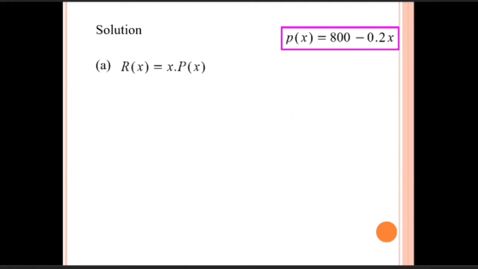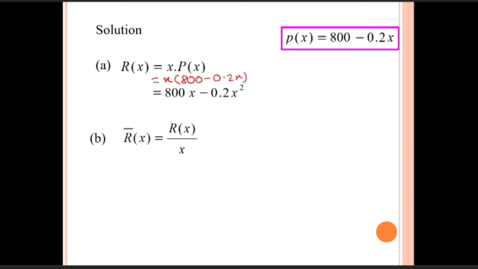Now, first question is finding the revenue function. The formula is x times the price function. So just multiply x with each of the function. So just multiply x with the px function. Expand, and you get 800x minus 0.2x squared. B question.